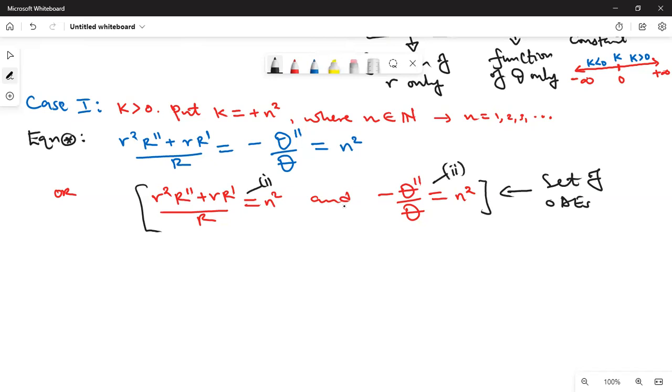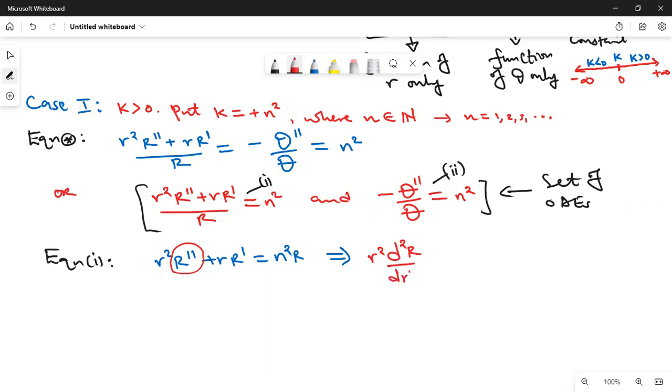Now, let's start by solving equation 1. It is r squared times R double prime plus r R prime equals n squared times R. I have multiplied both sides by capital R, and if I rearrange, this can be written as r squared d squared R over dr squared, plus r times dR over dr, where R double prime is the second derivative of capital R with respect to the small r, and dR over dr is the first derivative.